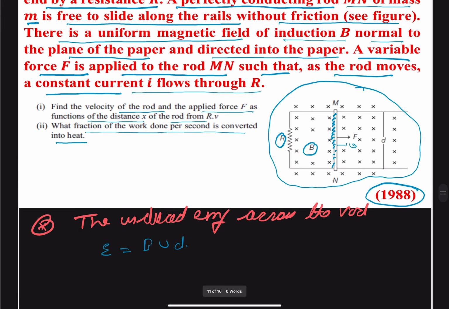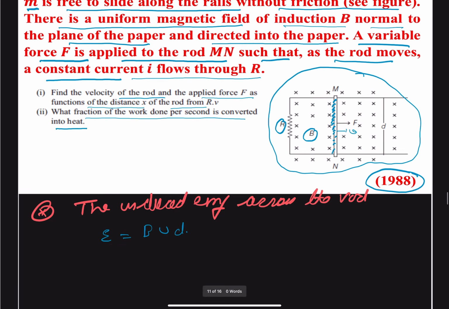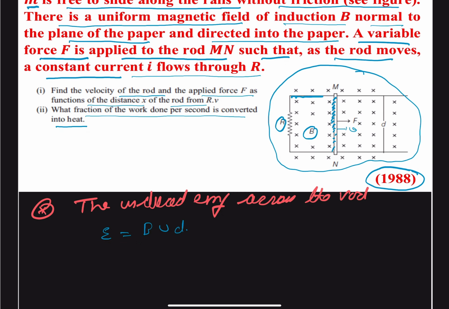It's also given that the horizontal rails have a resistance of lambda per unit length.